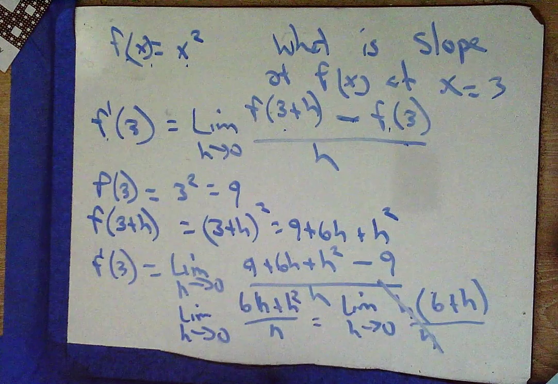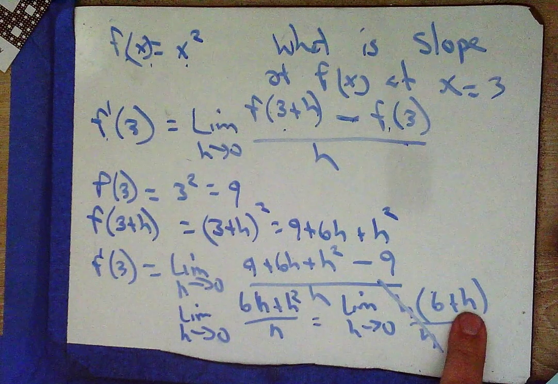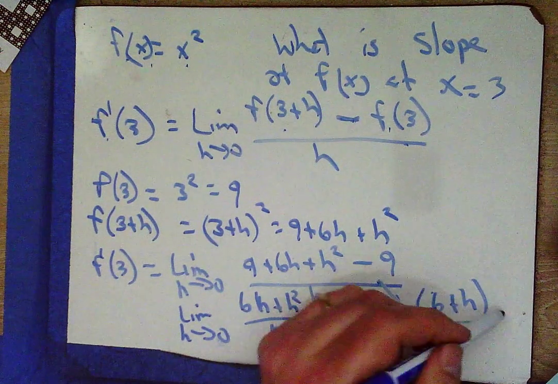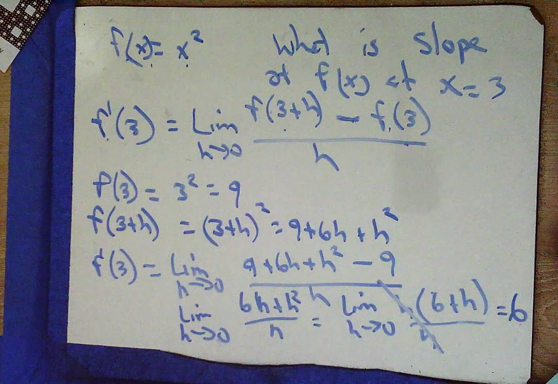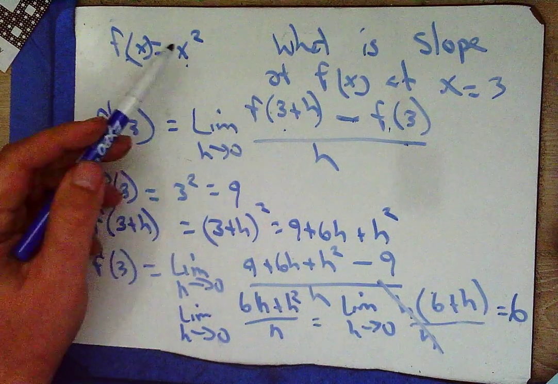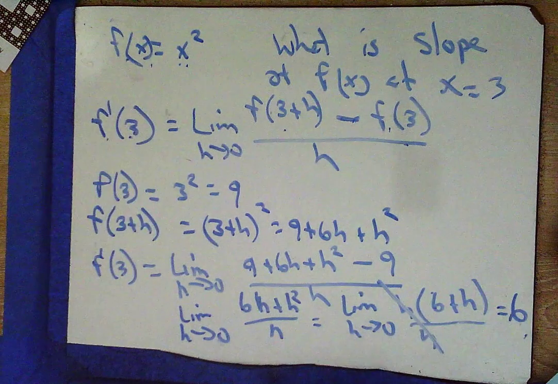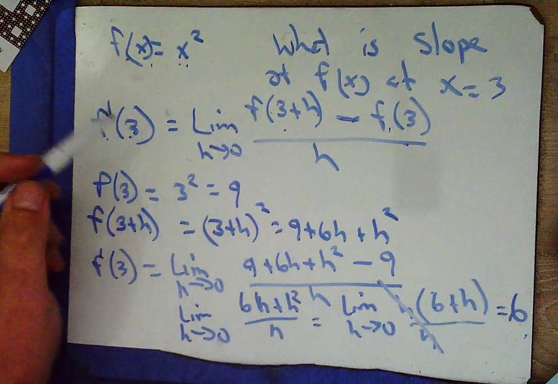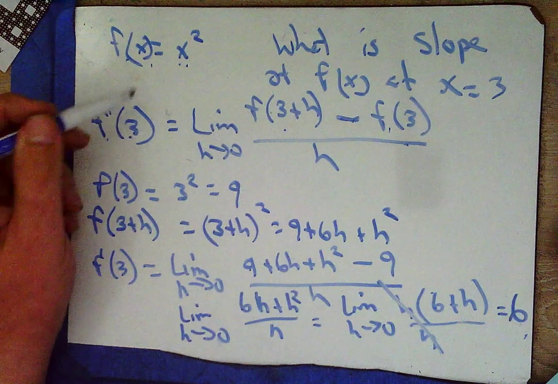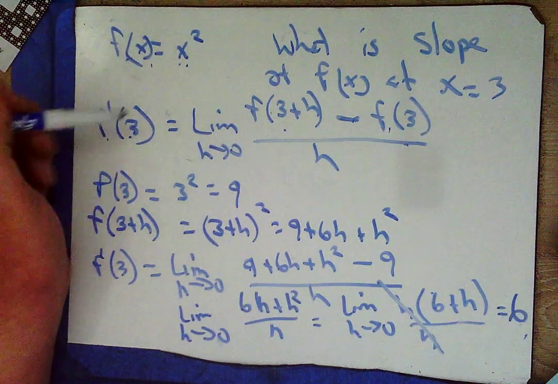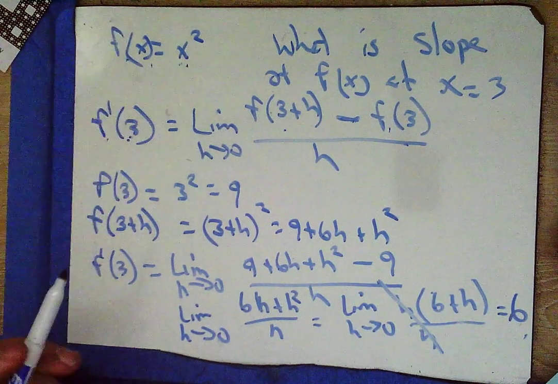Then I can cancel these, and now I can do direct substitution, and I get 6. So I know the slope at x equals 3 on x squared is 6. That's the slope of the tangent line, which is the same as the slope of the curve at x equals 3 on y equals x squared.